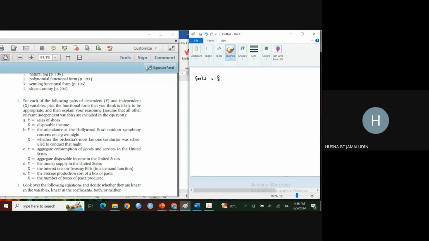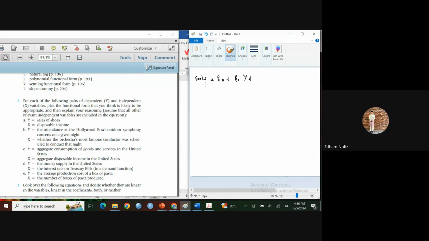Sale is a function of beta naught plus beta 1 disposable income. I did mention about this. So what is it? So when you talk about income, disposable income, and the sale, what was Linlock? Linlock? Can you explain the relationship?